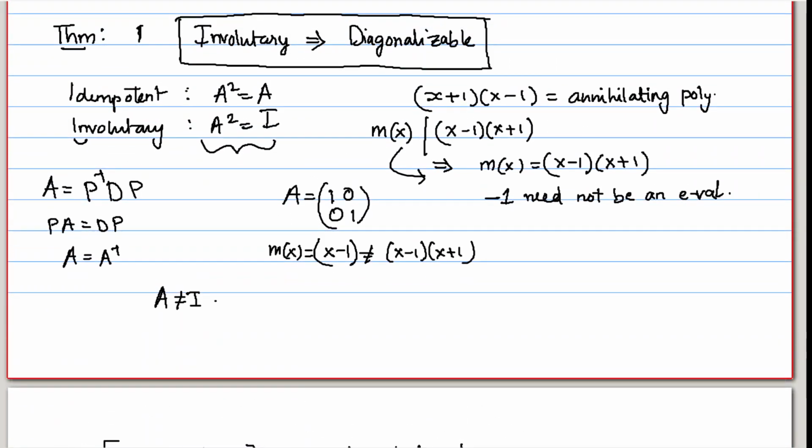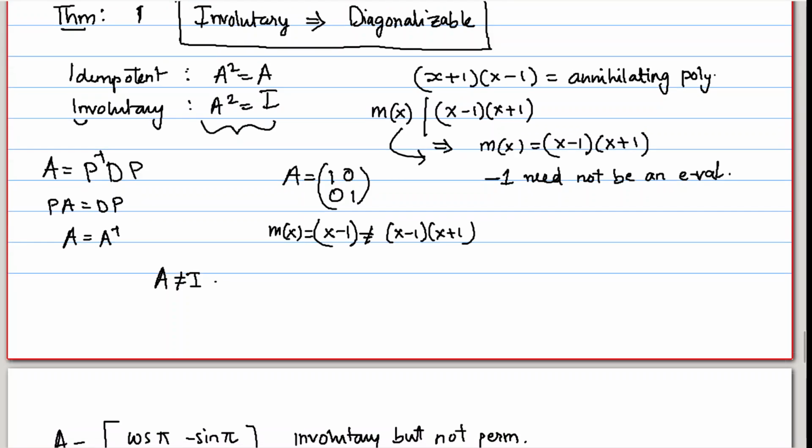But then, first of all, we have to show that AM of 1 equals GM of 1, and that AM of minus 1 equals GM of minus 1.